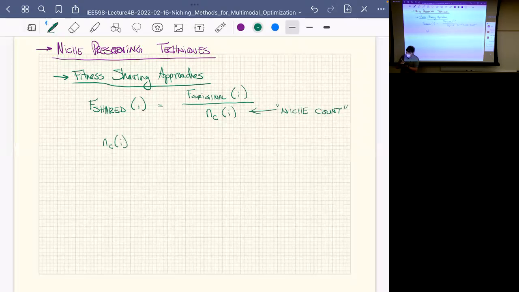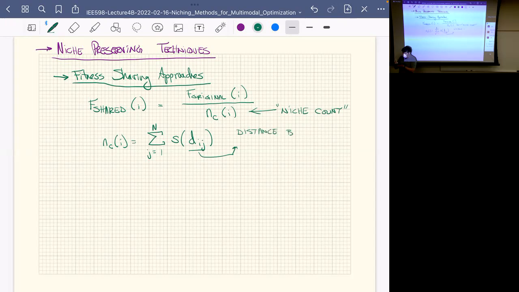A simple way to do niche counting, and this is a generalized perspective, is to define a niche count as the sum over all individuals of this function S, which I will define in just a second, which takes on the distance d_ij between individuals i and j.